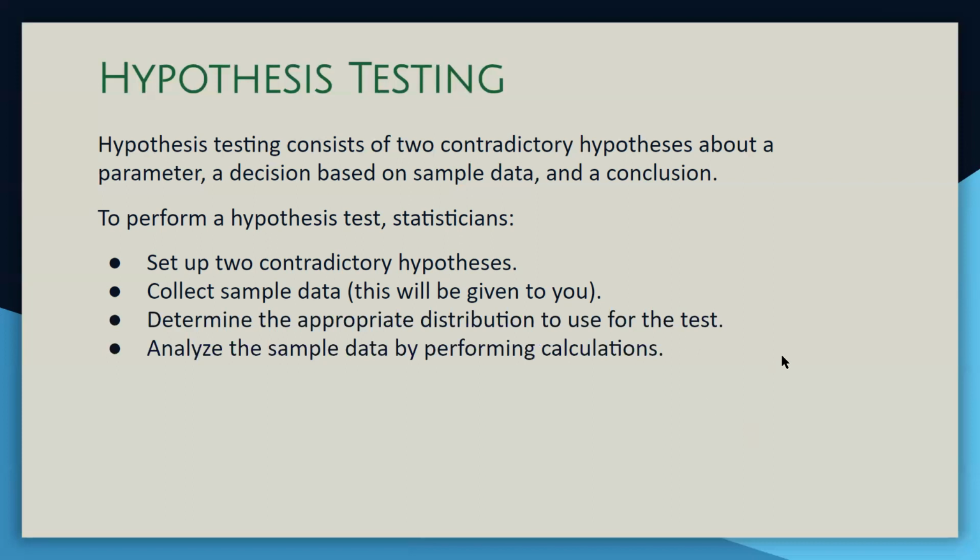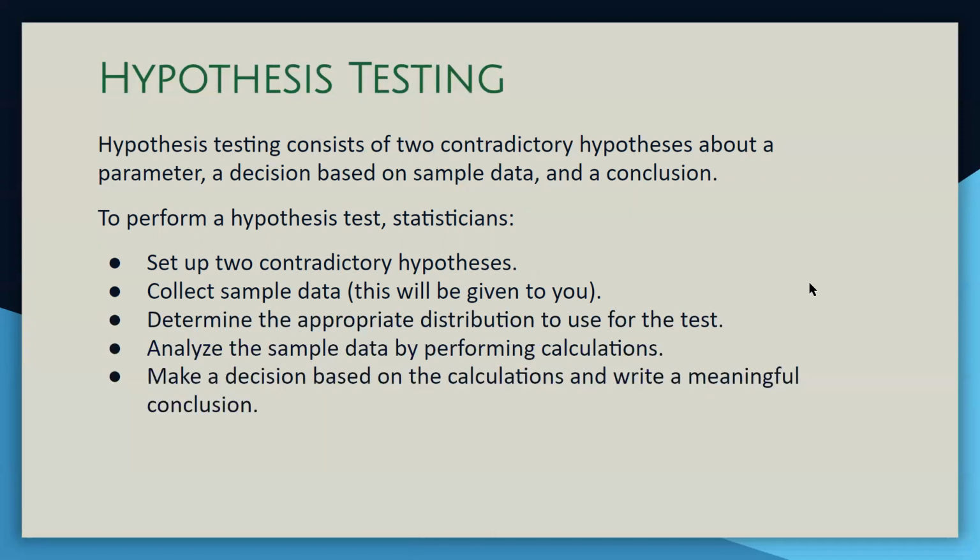Once we've decided the appropriate distribution, we analyze that sample data by performing calculations. We'll calculate a Z-score or a T-score based on that sample data. And then we'll make a decision based on those calculations and write a meaningful conclusion.